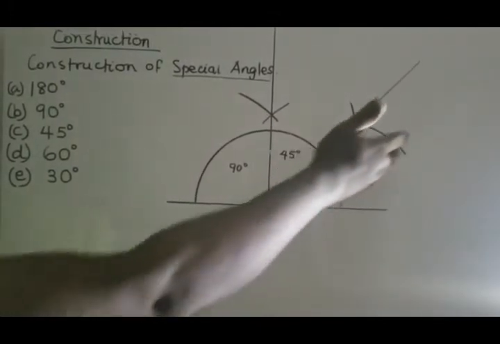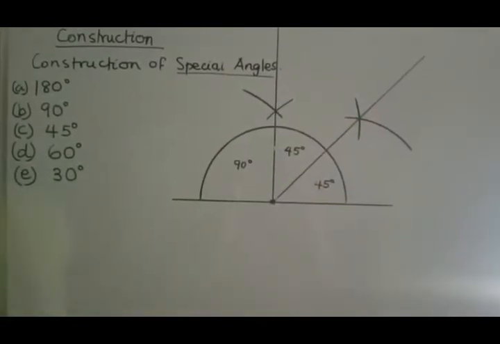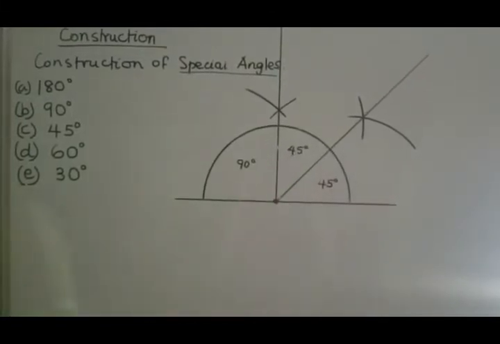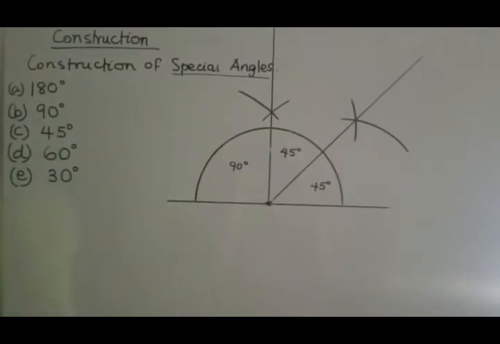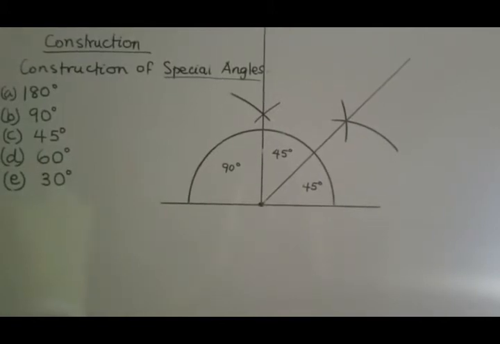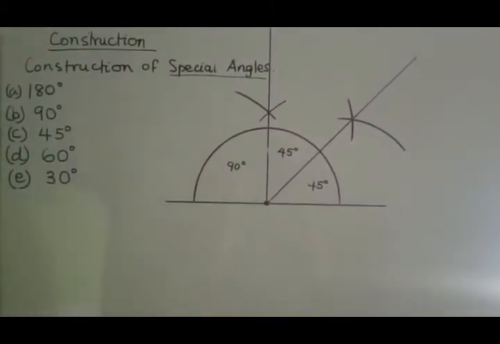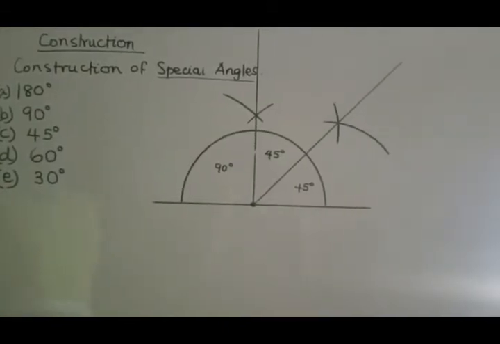We can also bisect 45 into 2 equal parts, using this point and this point for 45. Somebody could ask you to construct an angle of 22.5 degrees. How are you going to get 22.5 degrees? Is it not when you divide 45 into 2 equal parts? 45 divided by 2, you get 22.5 degrees.